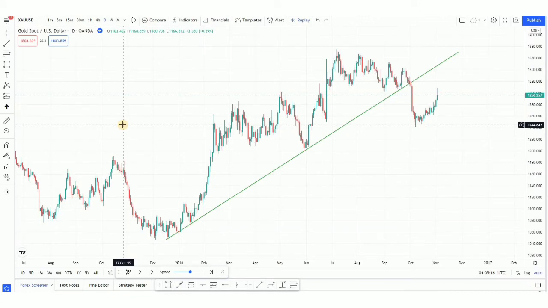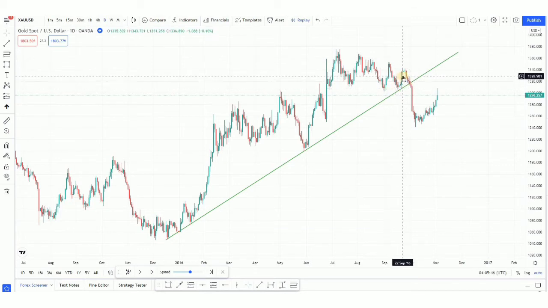So in our first example, we are going to look at gold, which is XAU USD. We can see that gold is clearly in an uptrend, forming higher highs, higher lows, higher highs, higher lows. But this is where the trend line breakout strategy comes in.